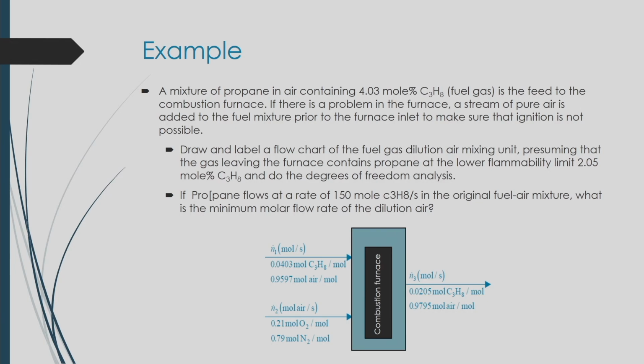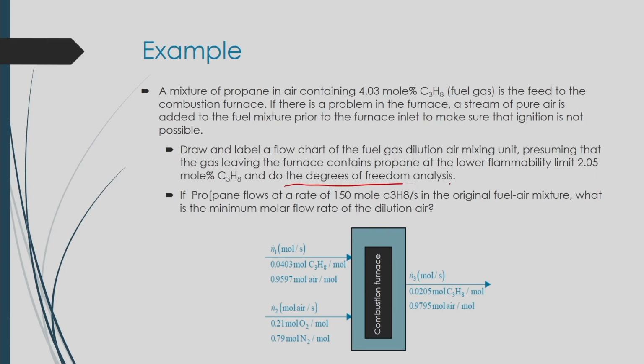Now, in this case, draw and label a flow chart of the fuel gas dilution air mixing unit, presuming that the gas leaving the furnace contains propane at the lower flammability limit of 2.05 mole percent C3H8 and do the degrees of freedom analysis.